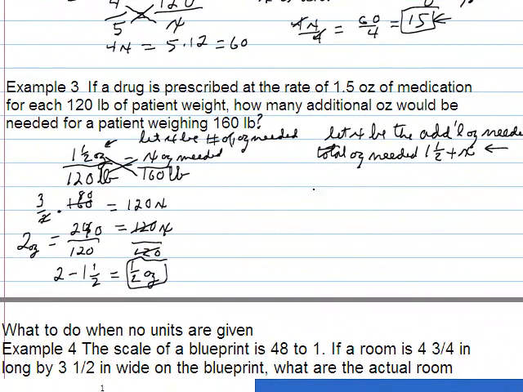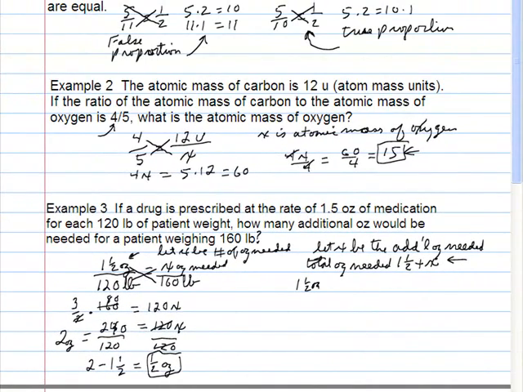So I could write my ratio. My ratio would be 1 1/2 ounces is to a 120 pound patient the same as X plus 1 1/2 ounces is for a 160 pound patient. Now when I find X, I'll be through.